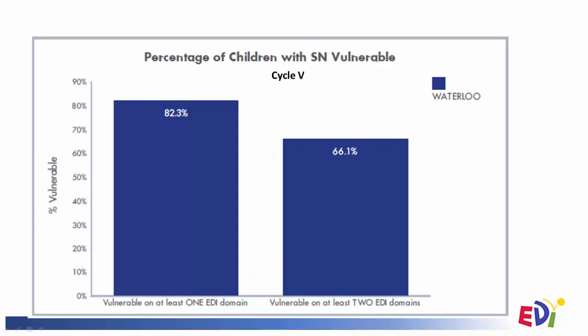This graph shows that 82.3% of children with special needs were vulnerable in at least one domain in Cycle 5, and 66.1% were vulnerable in at least two domains. As you can see, there's a much higher percentage of children with special needs who are considered vulnerable compared to the larger group of children without special needs.